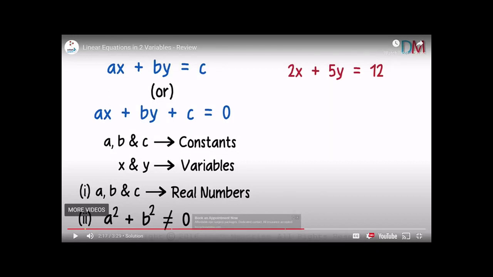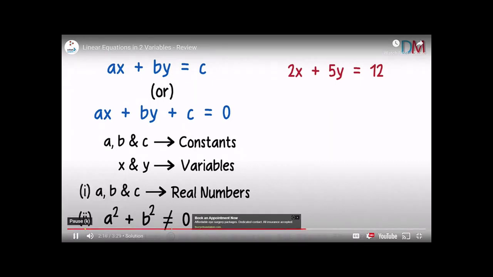So when can it be 0? Is a squared equal to minus b squared? No. If it is 0. Yes, ma'am. Okay.